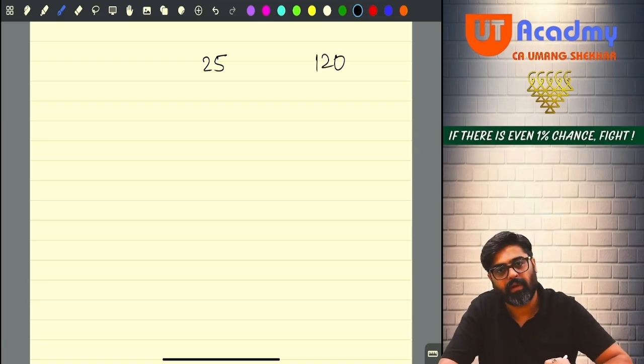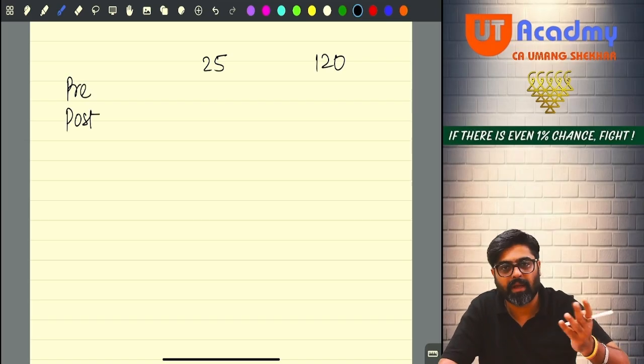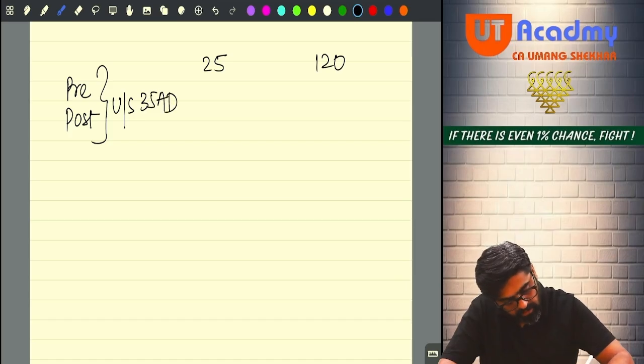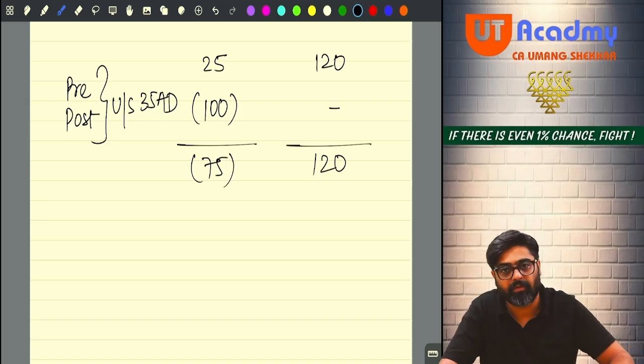Out of this 25 lakhs, pre-commencement and post-commencement, both the capital expenditure will be allowed under section 35AD, pre and post under section 35AD. So what was that? 50 plus 50, no? 100 lakhs. So this business will give you 75 lakhs loss and the profit of this business is 120.